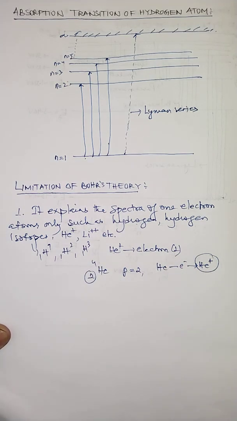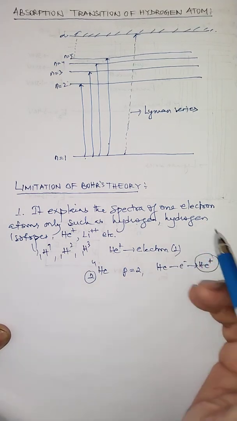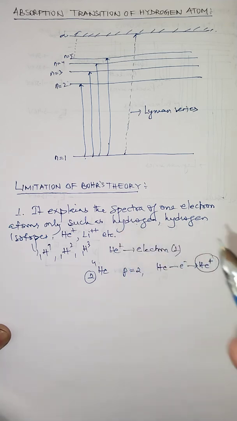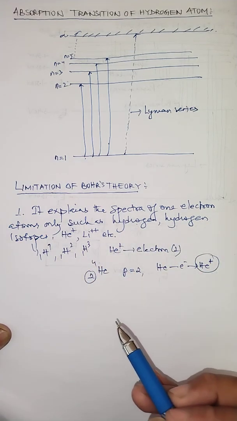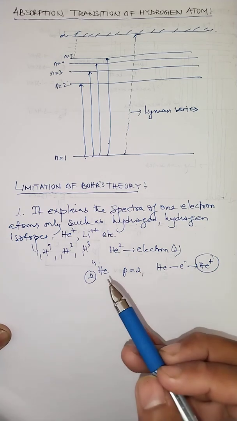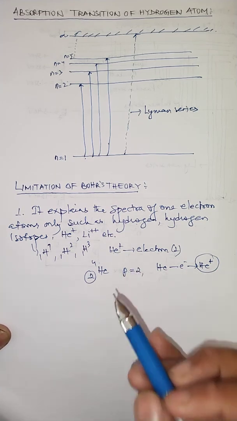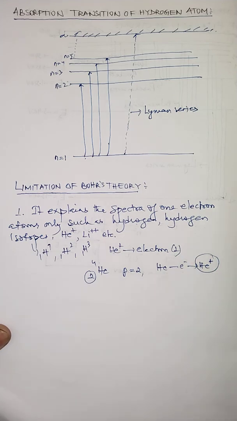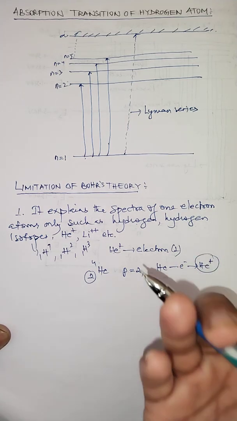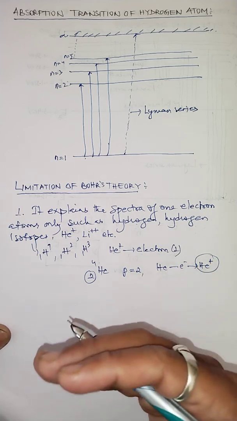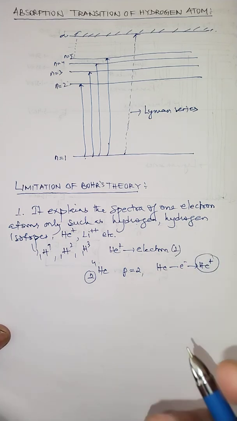That means Bohr's theory explains only the spectra of one-electron atoms. Which means Bohr's theory failed to explain the spectra of multiple-electron atoms, the atoms which consist of more than one electron. Bohr's theory could not make any conclusion, especially about the emission of radiation from multiple-electron atoms.